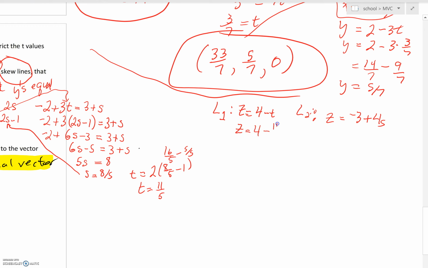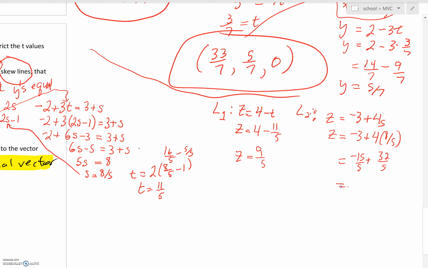Our t is 11/5. And of course, 4, if we were to get a denominator of 5, would be 20 over 5. 20/5 minus 11/5 would be 9/5. Likewise over here, if s is 8/5, we'd have 32/5, and of course this is negative 15/5.